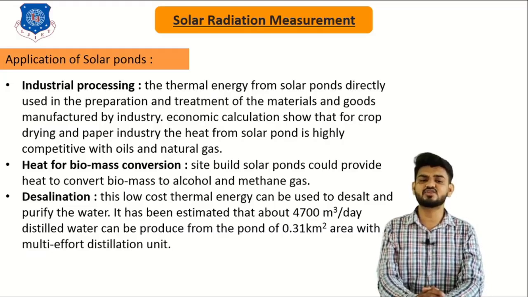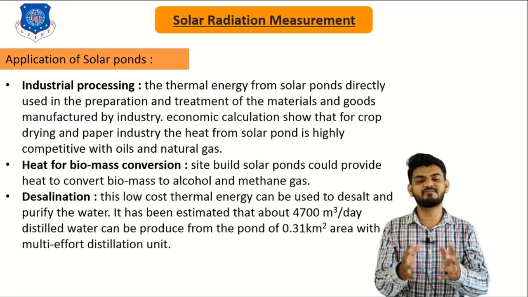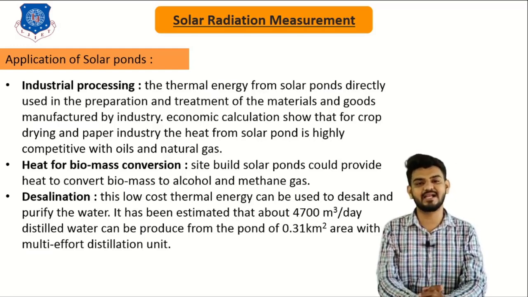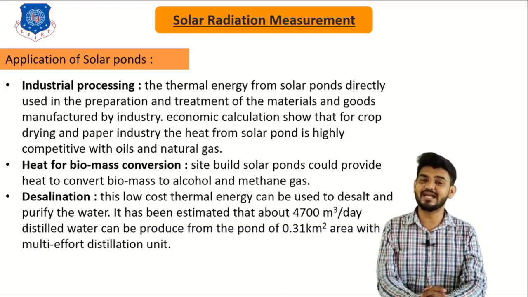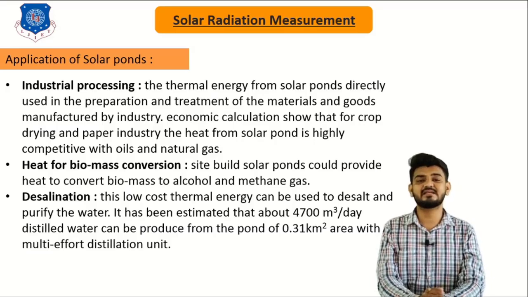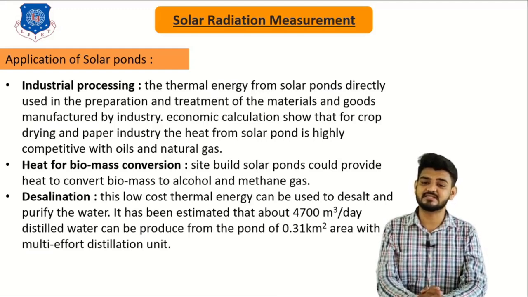Economic calculations show that for crop drying and the paper industry, the heat from the solar pond is highly competitive with oil and natural gas. Different calculations show that the paper industry can utilize thermal energy from the solar pond at a competitive rate against natural gas.